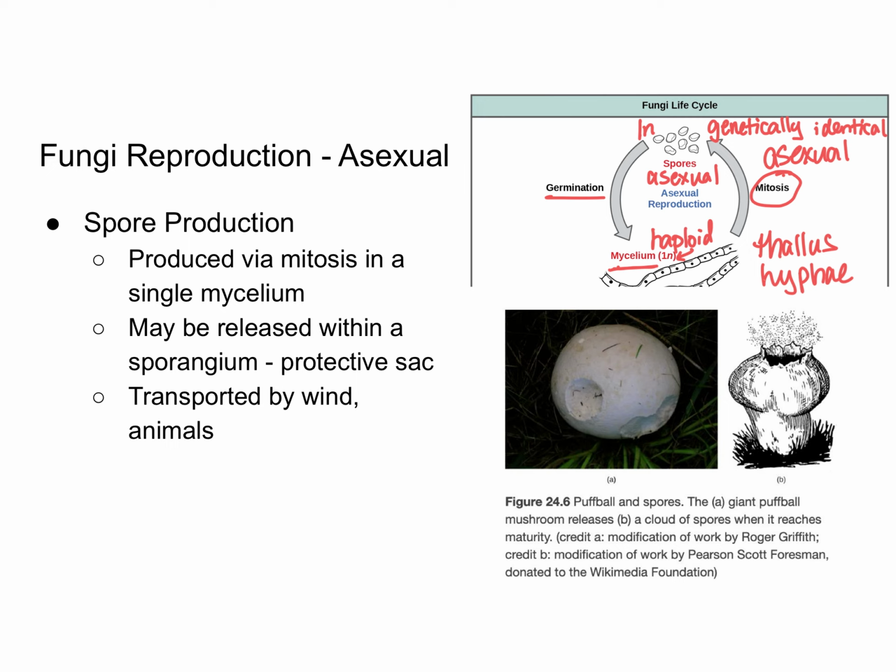Some spores are released within a protective sac called a sporangium, and they are often transported by the wind or they hitch a ride on animals. This picture here shows a puffball fungus, and you can see that this puffball essentially pops open and the spores are dispersed into the air where they are carried by the wind.